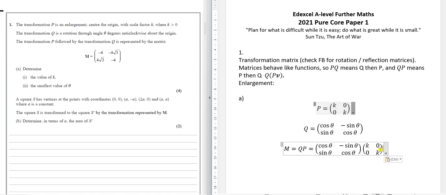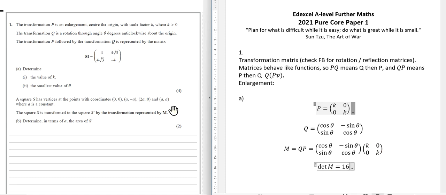And they both look a little confusing, but don't forget, a rotation matrix has a determinant of 1. You can check cos squared plus sine squared is always 1. So the size of this one is 1, and that gives us a clue as to the size of this one, because this is exactly k times the identity matrix, and this one has a determinant of k squared. So we can make use of that when we look at M. In fact, I can look at the determinant of M straight away and get minus 4 times minus 4 is 16.